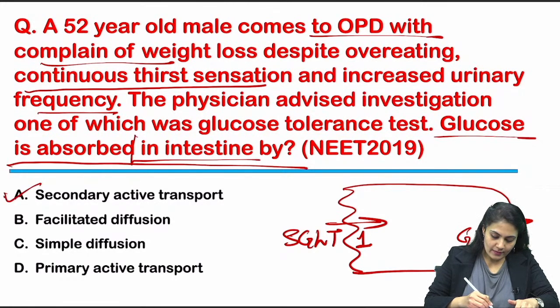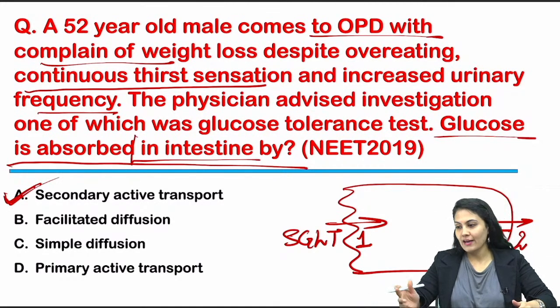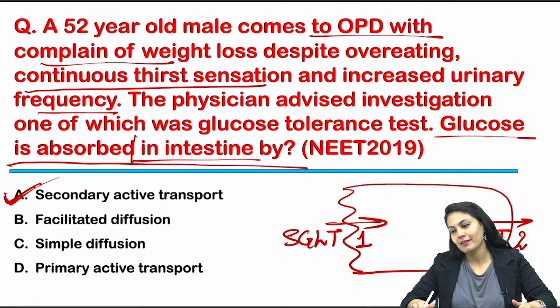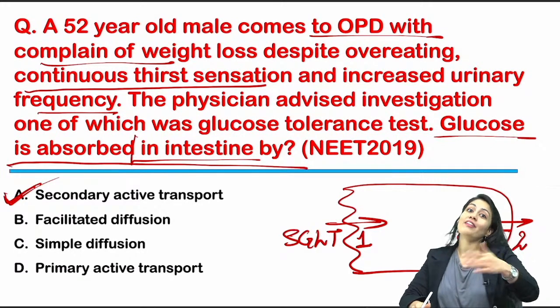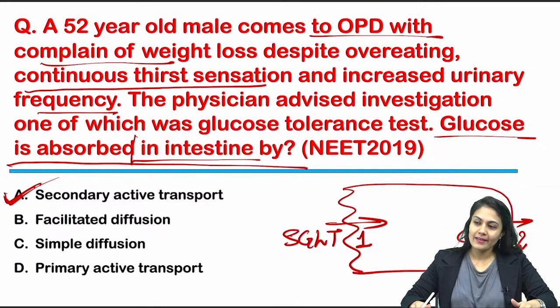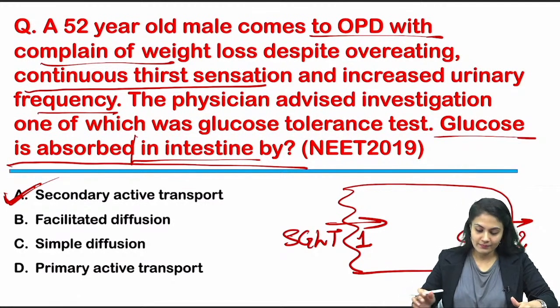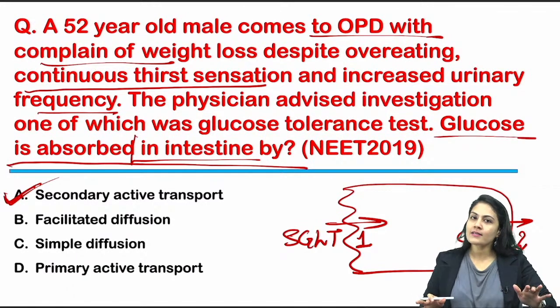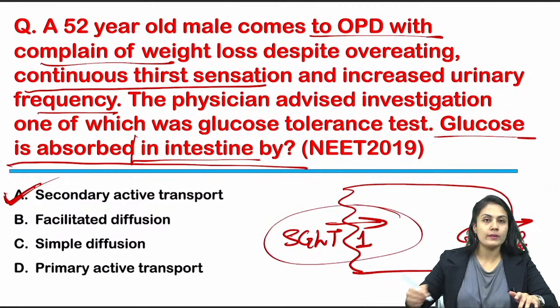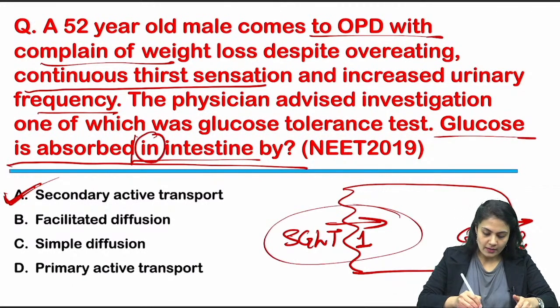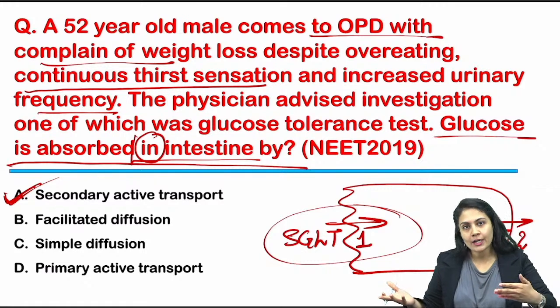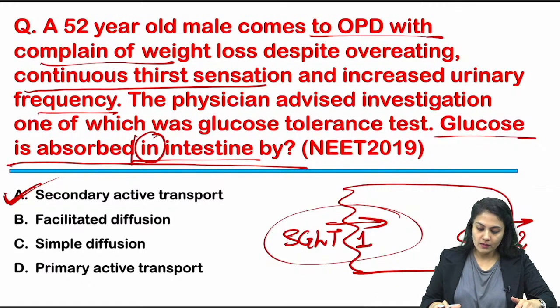So I'll go with the secondary active transport, not the facilitated one. It seems like NBE checks our knowledge of English rather than knowledge of medicine. So if nothing is given, go for the apical ones. That is important since they are asking in the intestine, that means in the enterocyte basically.